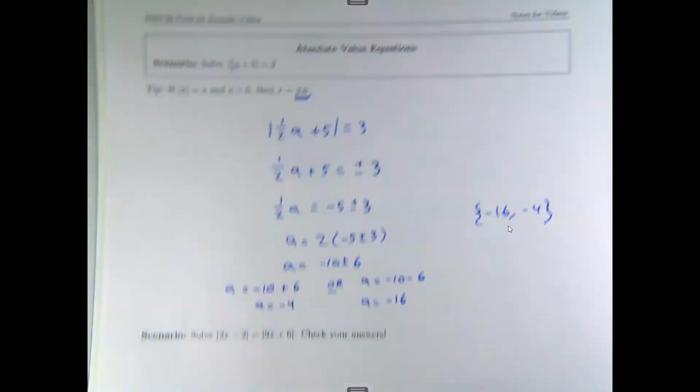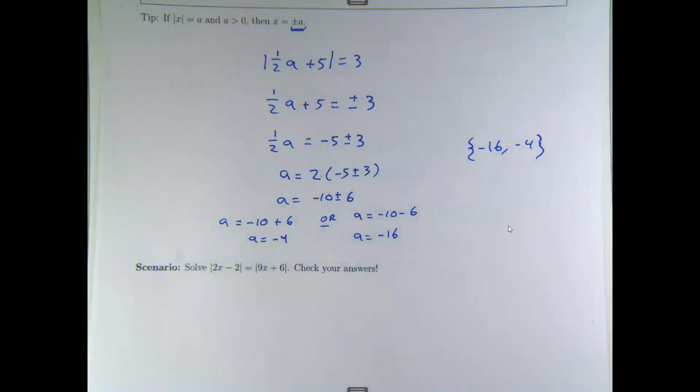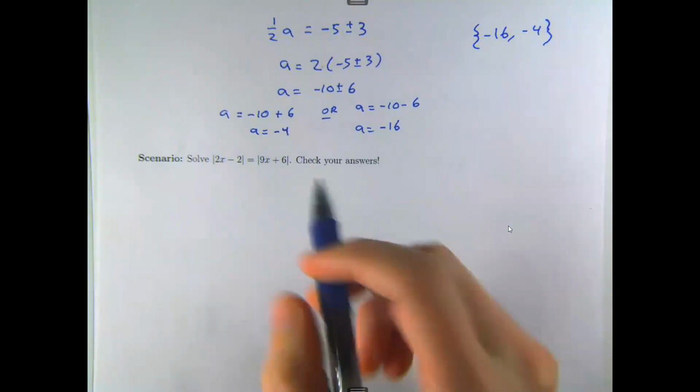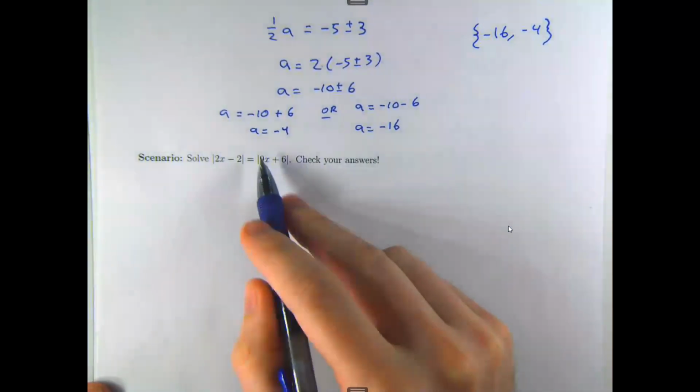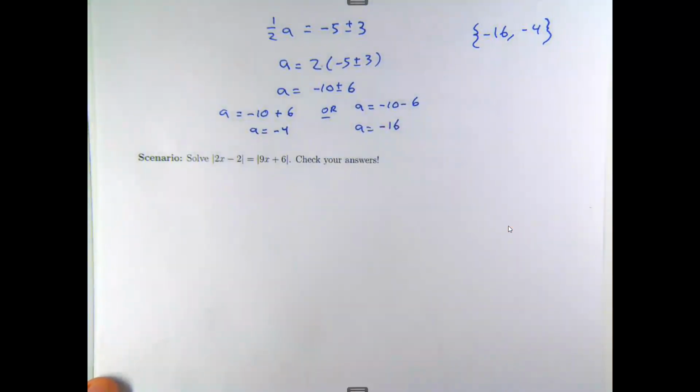If you have something more complicated with like a double set of absolute values, we're going to still solve this the same way. We're going to get rid of those absolute value symbols. We're going to look at the plus and minus of this right side, but we're going to have to double check our answers to make sure they work.